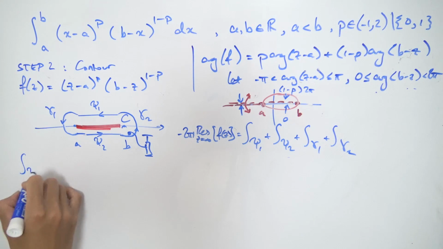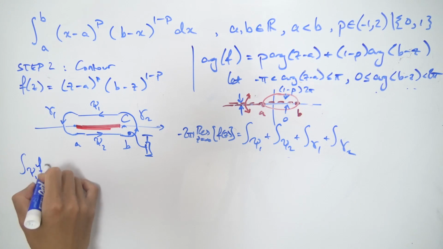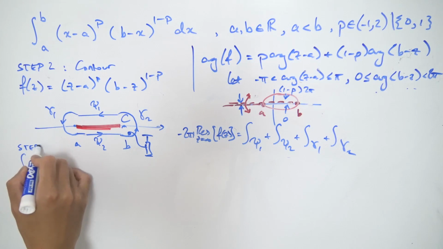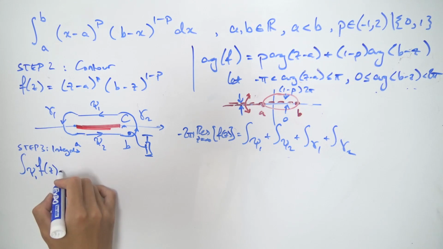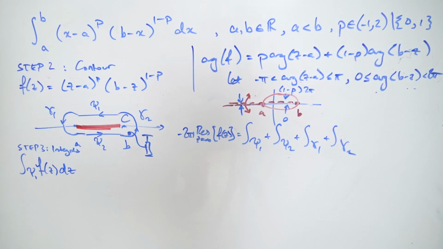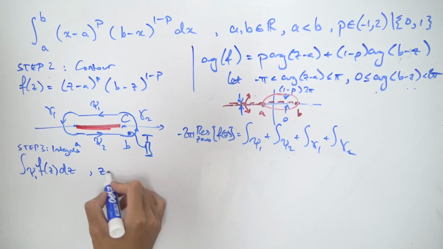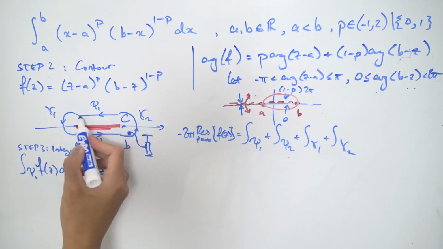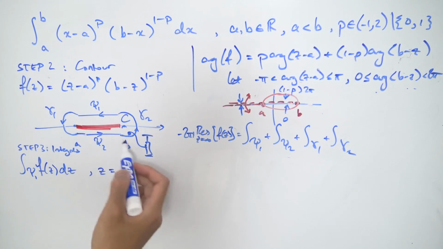So the integral over psi 1 of f of z, this is step 3 now, which is integrals. For the integral over psi 1 of f of z dz, we can parameterize this by introducing a new substitution. We're going to let z be equal to, now notice on psi 1 we're basically on the interval a to b.